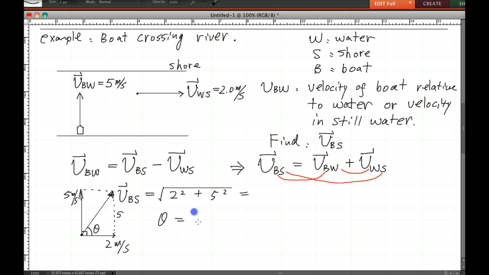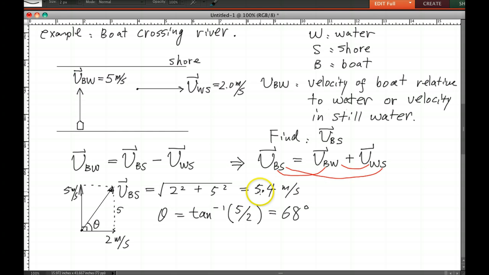Theta equals tangent inverse of 5 over 2, right? We can calculate that later. Okay, we calculated 5.4 meter per second and 68 degrees, so the direction should be north of east.